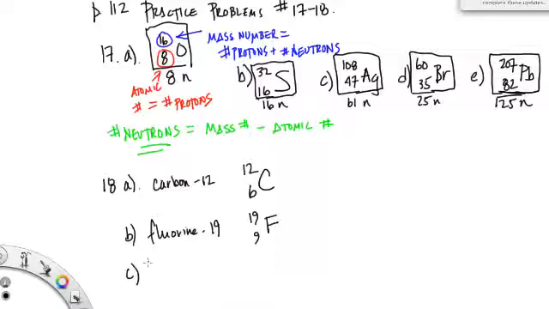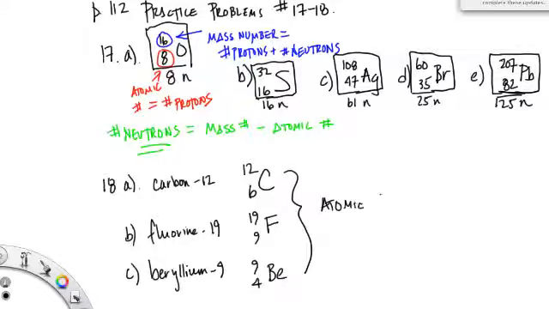And in letter C, beryllium 9. The chemical symbol for beryllium is Be. Its mass number is 9. Its atomic number is 4. So all of these are the atomic shorthand for those elements.